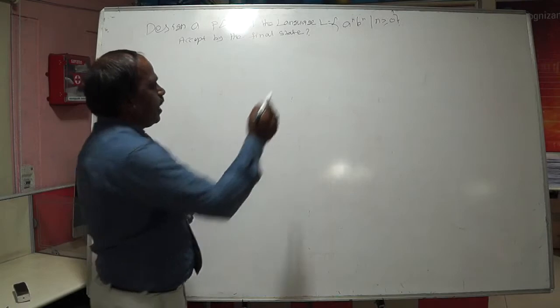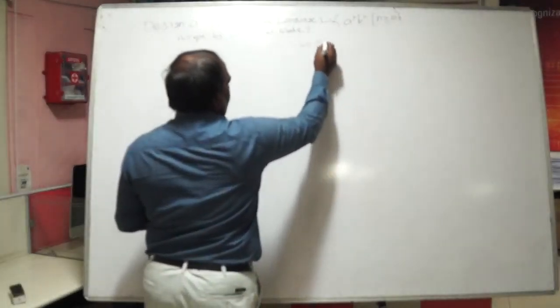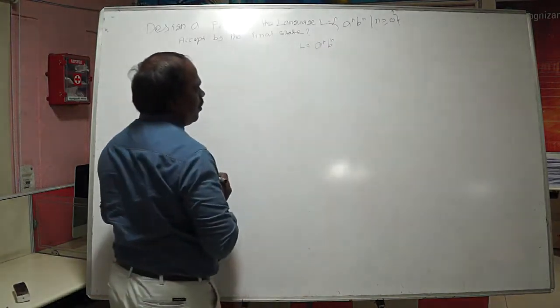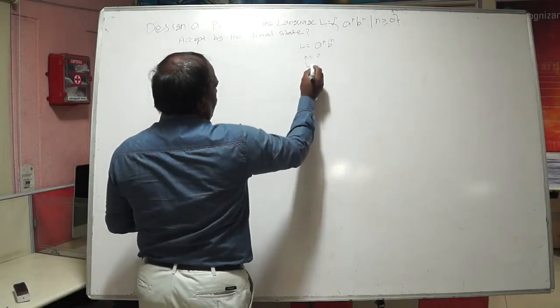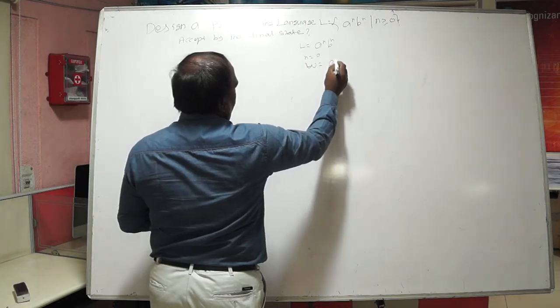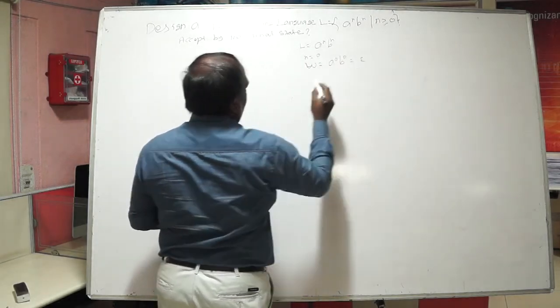So take this language L equal A power n, B power n, where n is greater than or equal to 0. Suppose you assign n equal to 0, the word will be A power 0, B power 0, which is equal to epsilon.